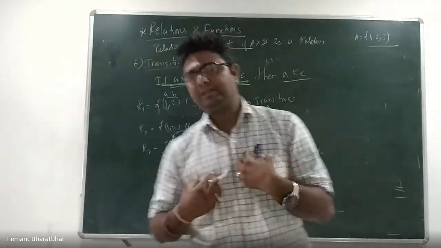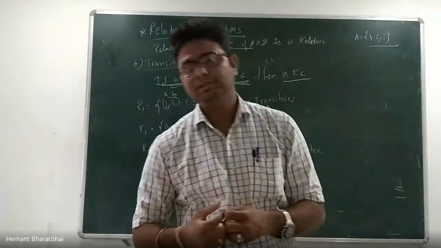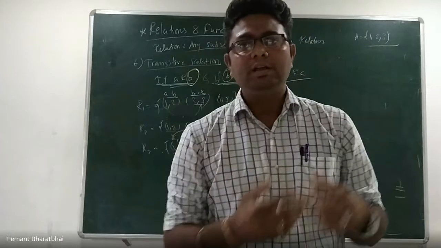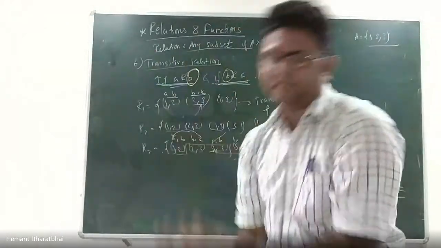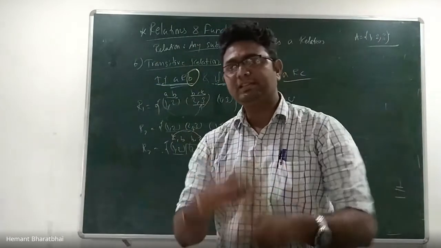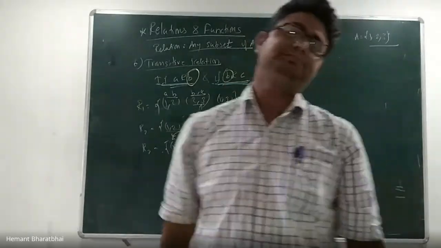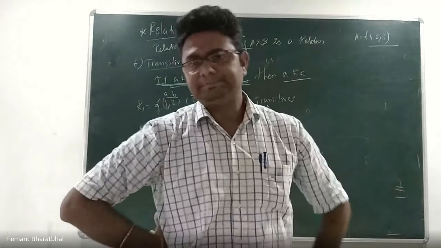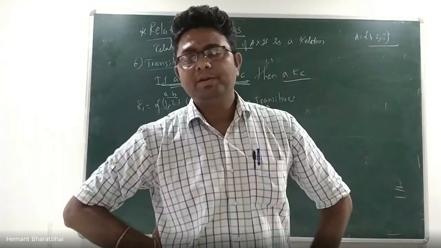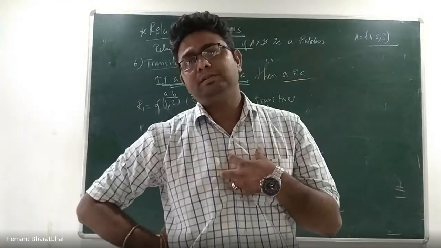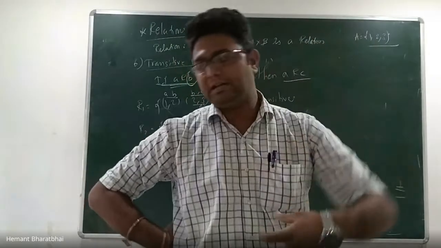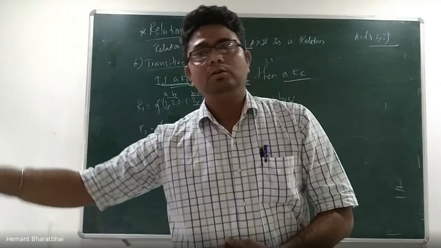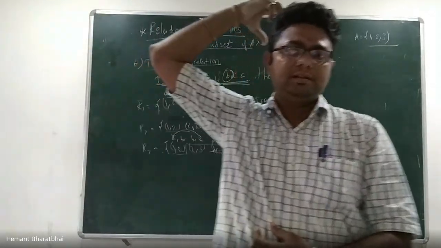I am son of my father. My father is the son of his father. So his father is my grandfather. So this becomes a transitive relation. Now, I am a son of my father, and there is one more person whose father is my father.